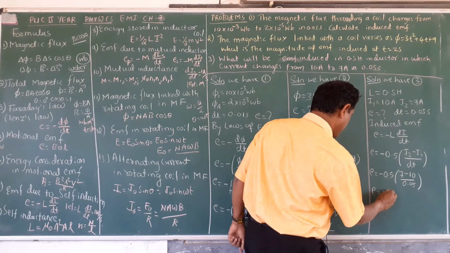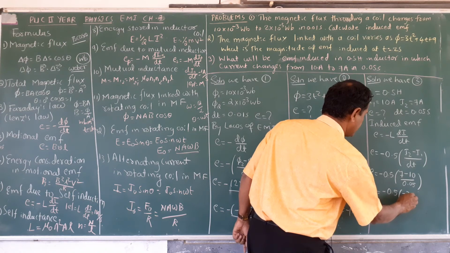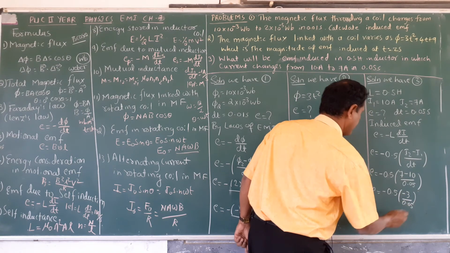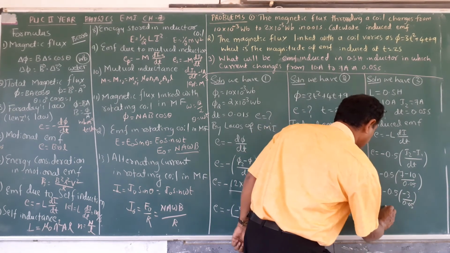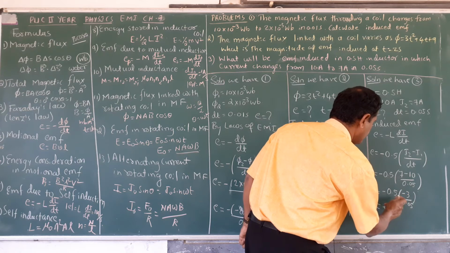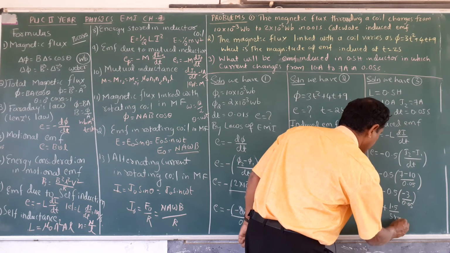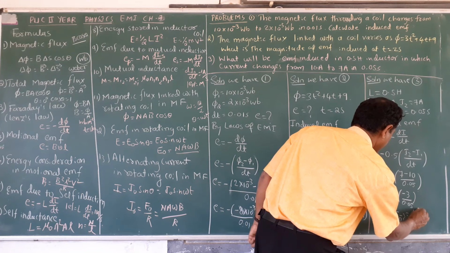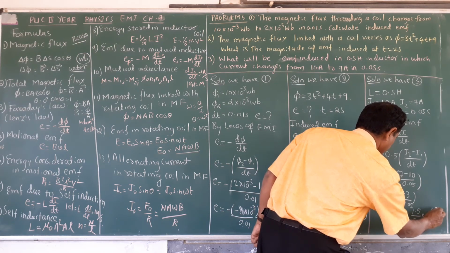E is equal to minus 0.5 into (minus 3) divided by 0.05. Now this becomes plus. 0.5 into 3 is 1.5, divided by 5 into 10 to the power of minus 2, which is 1.5 into 10 to the power of plus 2 divided by 5.